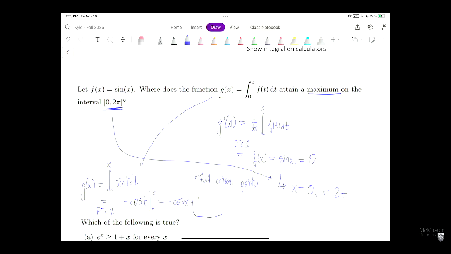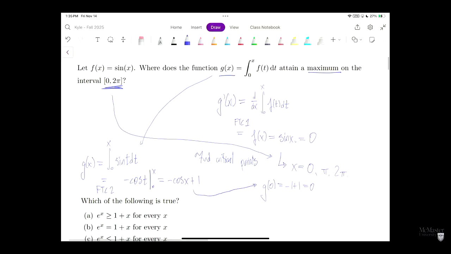So if we evaluate this g of x at each of these points, g at 0 is just going to be equal to negative 1 plus 1, which is equal to 0. G at pi is going to give us negative cos of pi.